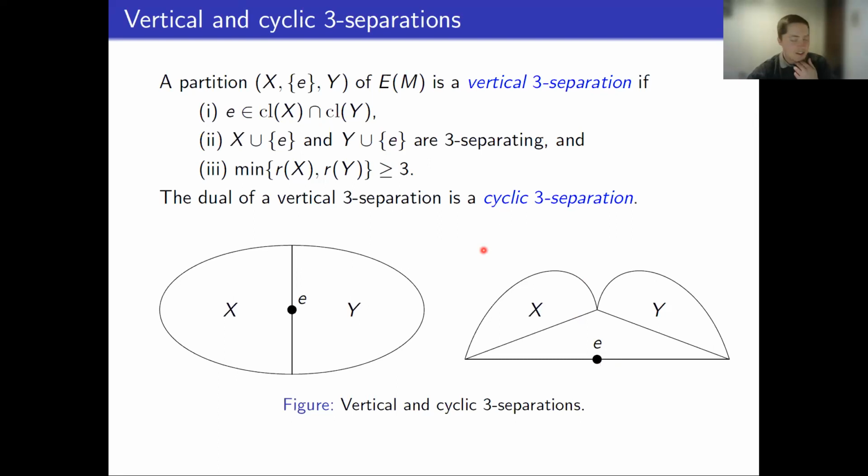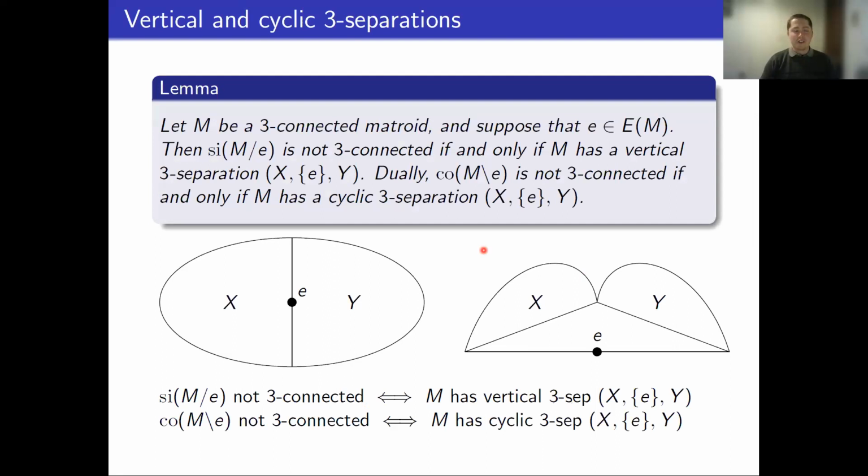So I'm going to mention these a lot, so I thought I'd have a dedicated slide for them. Right, the important thing for us is that having vertical and cyclic separations is exactly what it is to not be contractible or deletable. I'll talk about the condensed version.